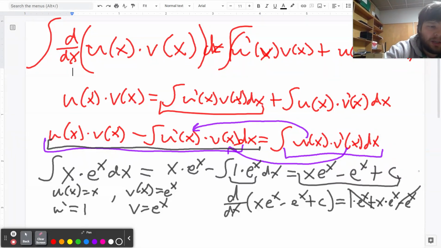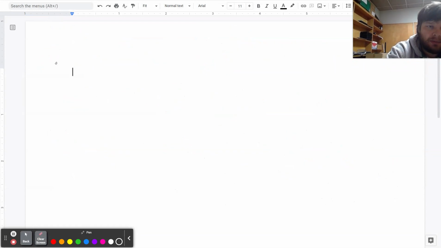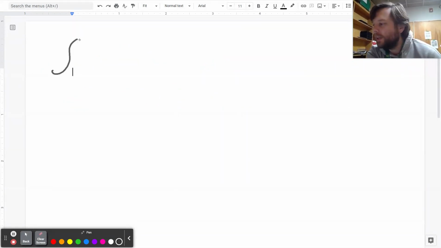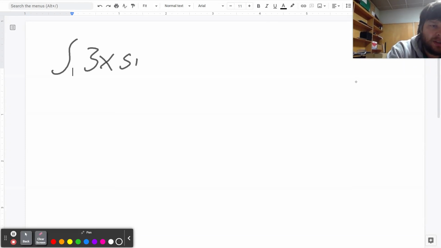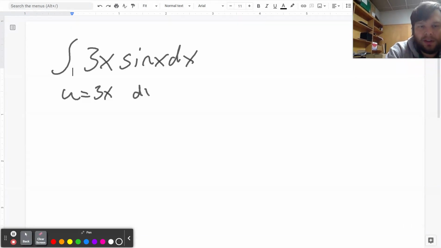Okay. One last example here. If I have the integral of something like 3x sine x dx, I can say u is 3x because it gets easier when I take its derivative. I can say that v prime is sine of x.